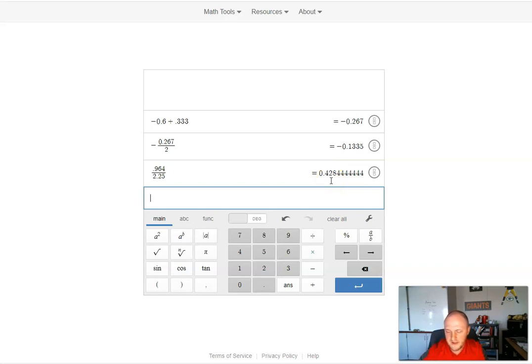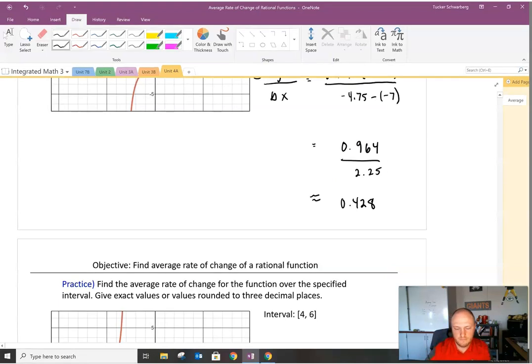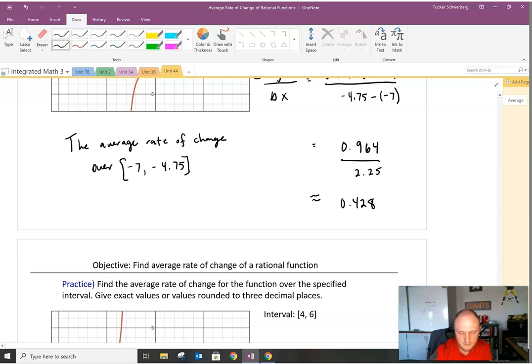So we can say the average rate of change over negative 7 to negative 4.75 is about 0.428.